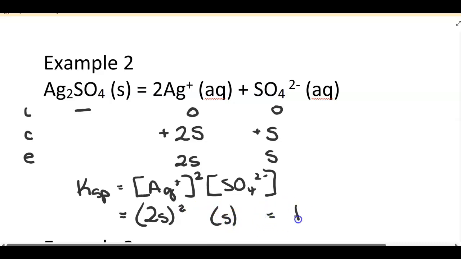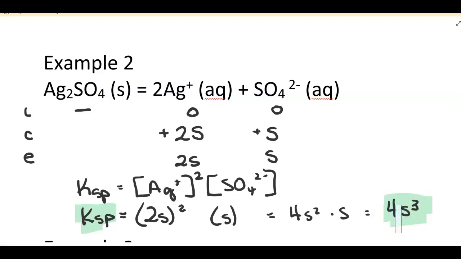The math for that would be 4s squared times s, or 4s cubed. So our KSP value would be 4s cubed. If we knew the solubility product constant, we would be able to solve for our missing amount. The units for that, since it would be in concentration, would be in moles per liter.